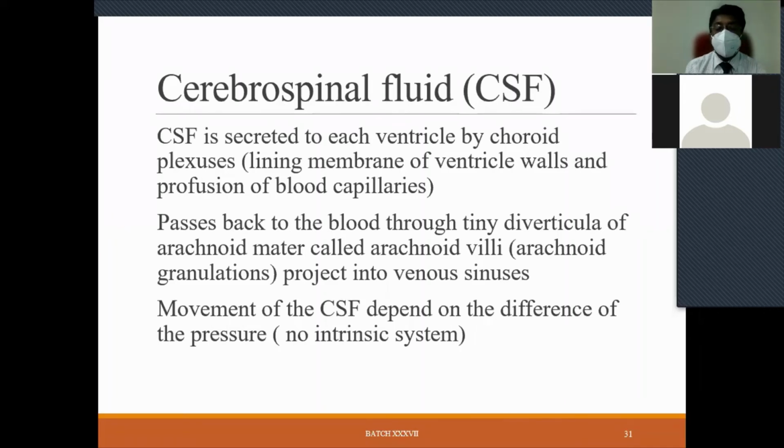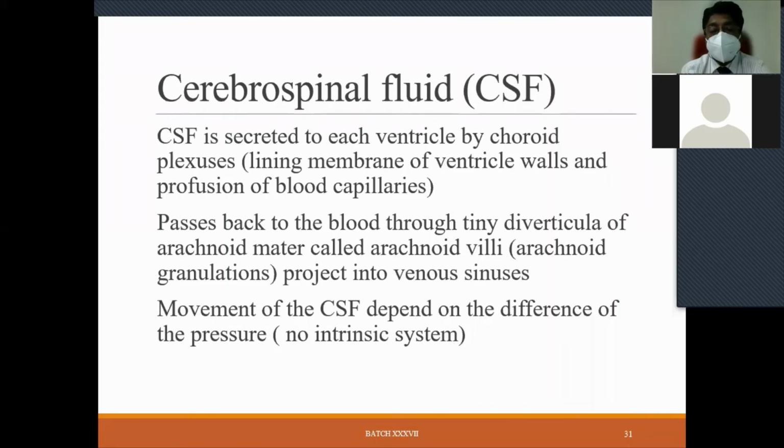The movement of the CSF depends on differences of pressure; there is no intrinsic system. The cerebrospinal fluid circulates by itself. It doesn't have a pump to pressurize and supply it. When you look at the cardiovascular system, the heart is the pump: it contracts and relaxes at a certain rate, and when the heart muscles, especially the ventricles, contract, they pump blood to the body.